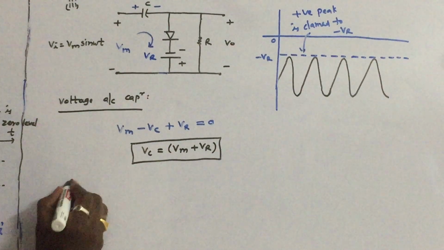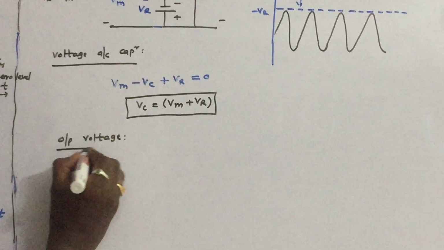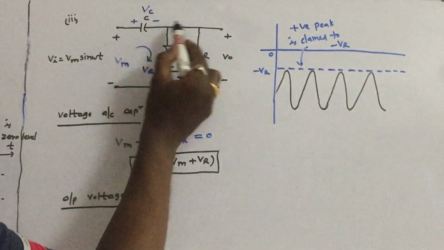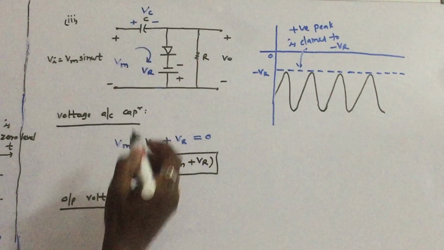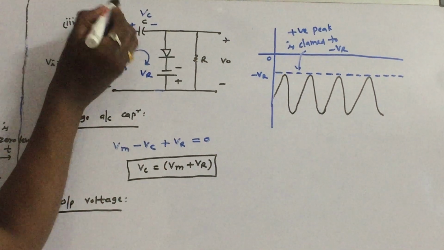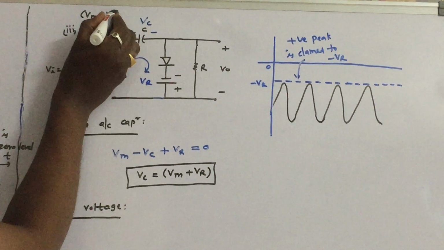Now what is the output voltage? It is very simple. What is the output voltage expression? Just apply KVL to this input to output loop. The capacitor charge will be Vm plus Vr, with this polarity. You have to clearly mention Vm plus Vr.